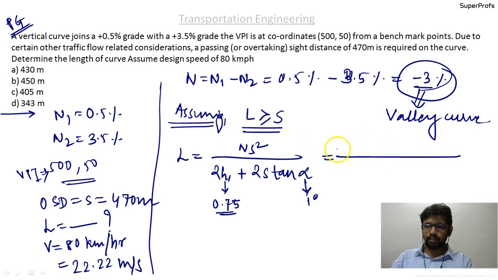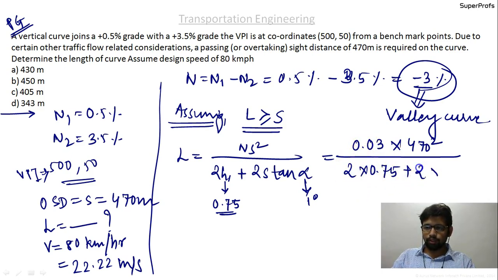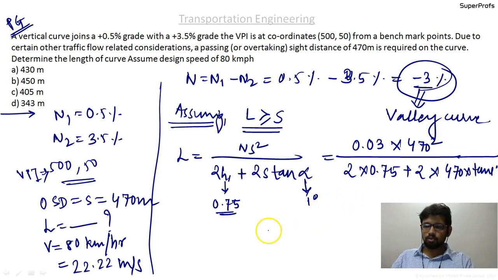So n over here is 0.03, S is 470 square, and 2 into h1 is 0.75, plus 2 into S, what is S? S is 470, into tan of 1 degree.